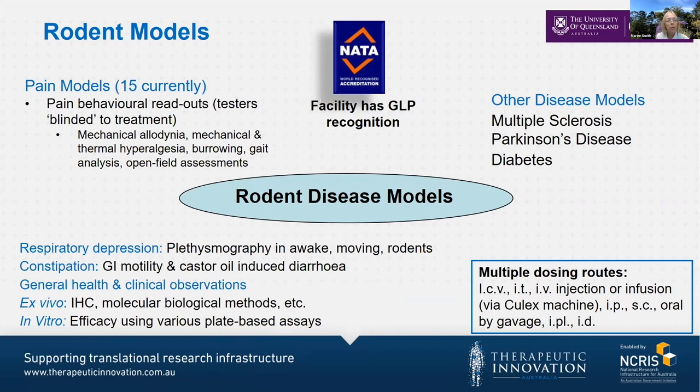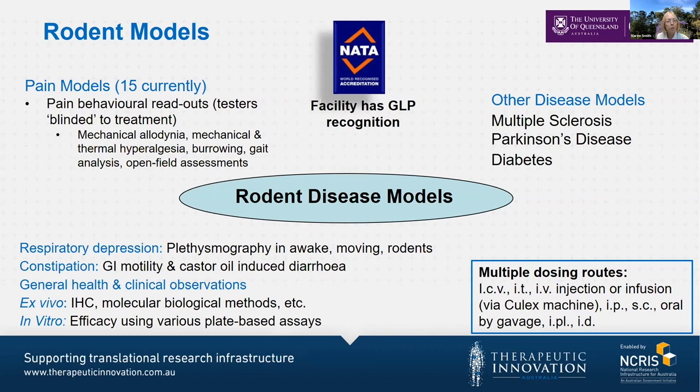And the pain models is an area of particular expertise. For these various disease models, many of the readouts are behavioural, and so therefore the scientists conducting these studies have to be blinded to the treatment to avoid potential inadvertent researcher bias.